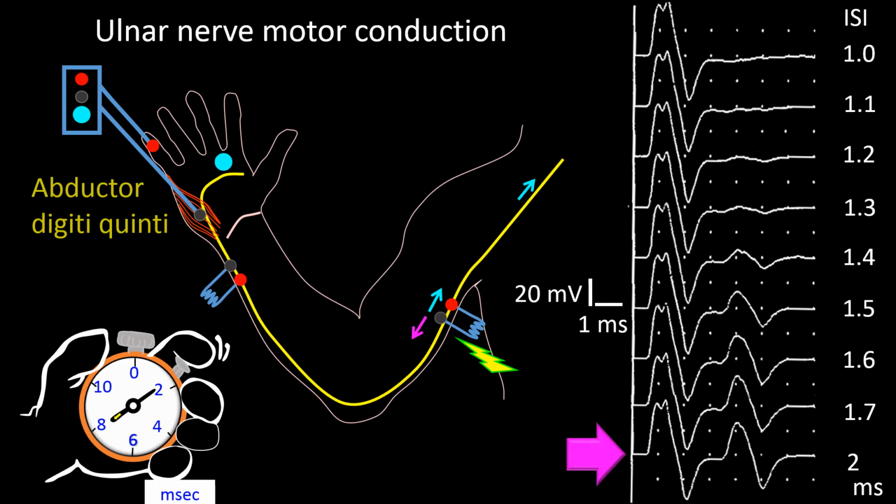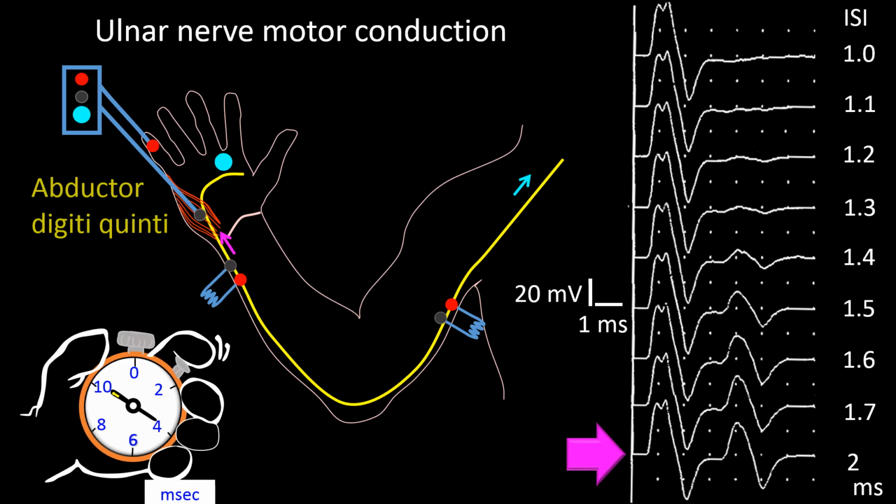Therefore, because at this time the absolute refractory period would have already passed, the orthodromic wave will travel all the way to producing a second M wave.